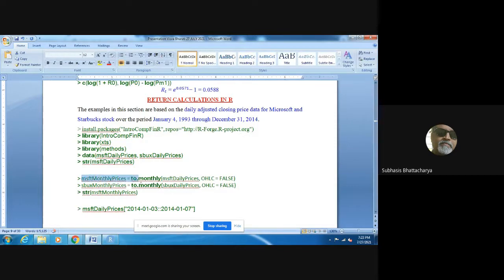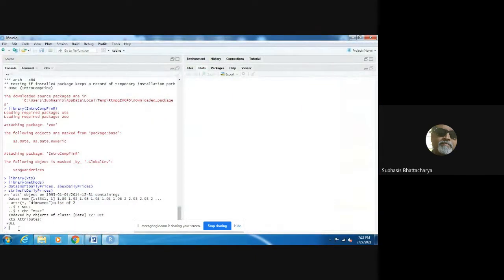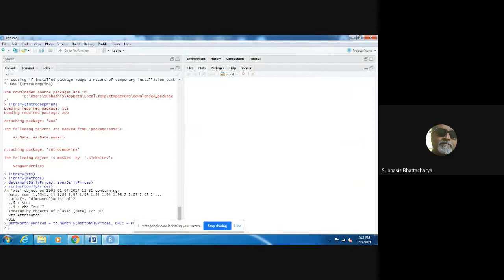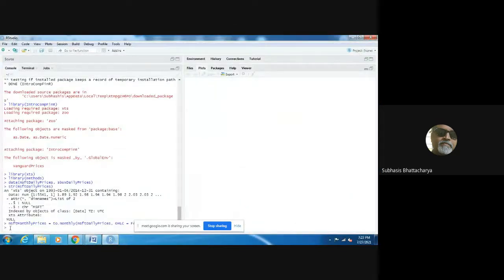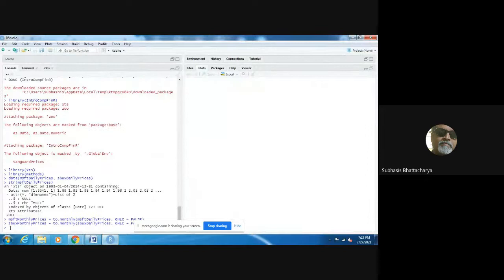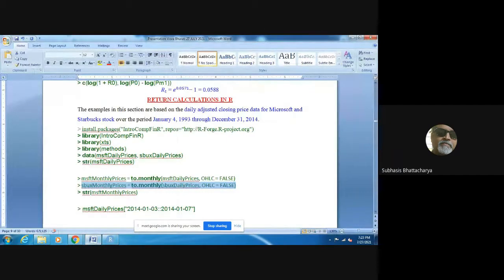Now one interesting thing: suppose my interest is in monthly prices. So I convert this data set into a monthly database: monthly Microsoft prices, and then Starbucks also. Then I look at the structure of the monthly prices.